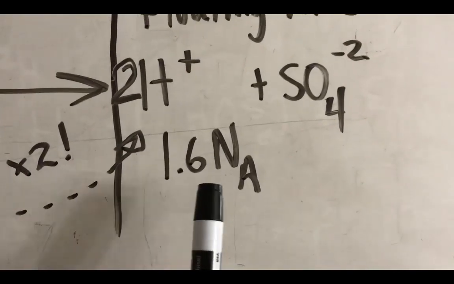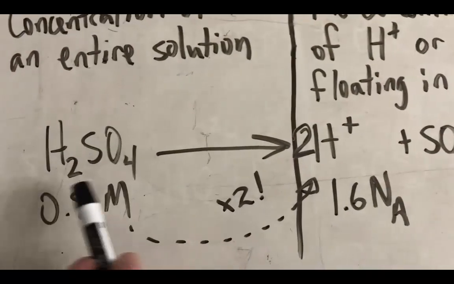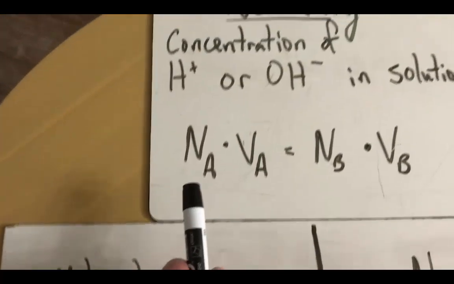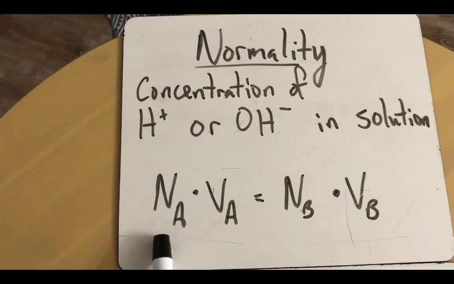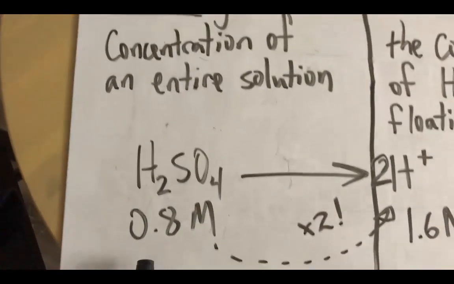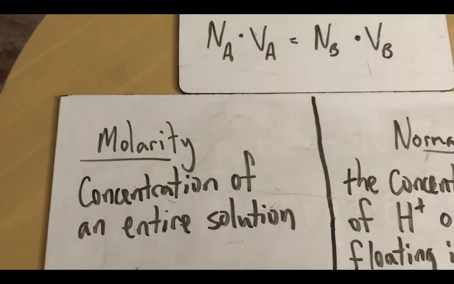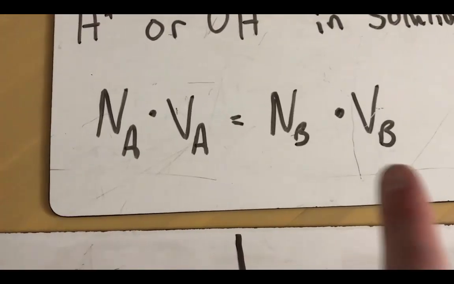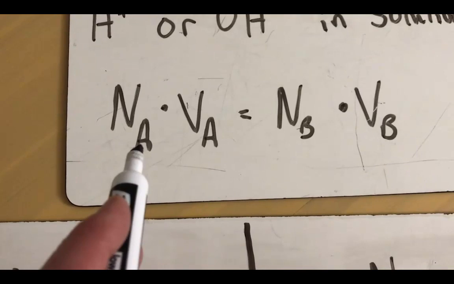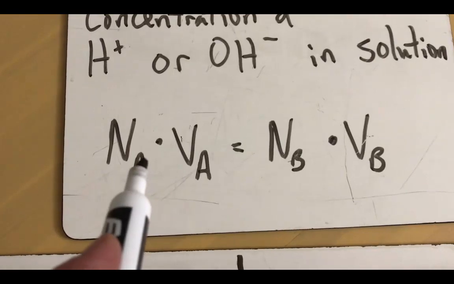Okay, so now what do I do with this value once I've looked at the ratios of hydrogen ions here and multiplied this by 2? Well, I would take this value and put it in this equation to solve for normality. Normality and molarity can be solved for each other, but they are not the same thing, okay? So let's say we use this equation to solve for the normality of an acid. How do I then find out its total concentration instead of just its hydrogen concentration, because that's what normality is?